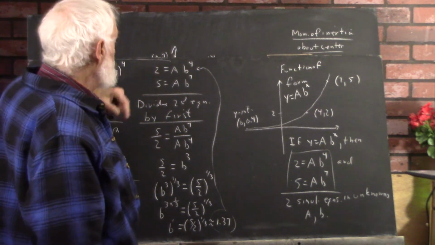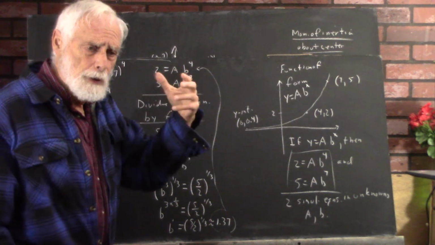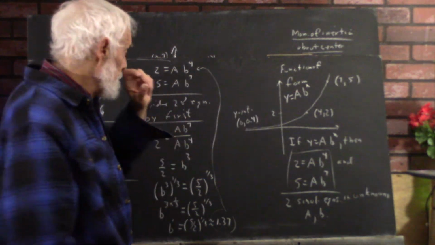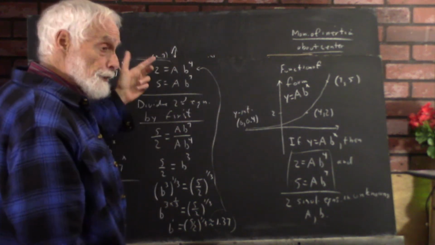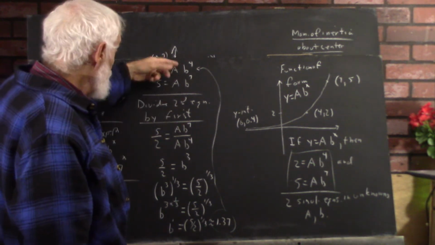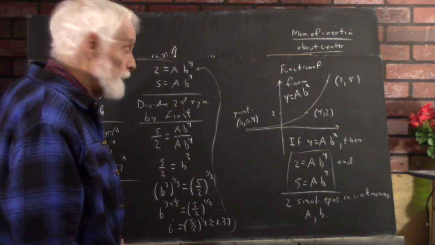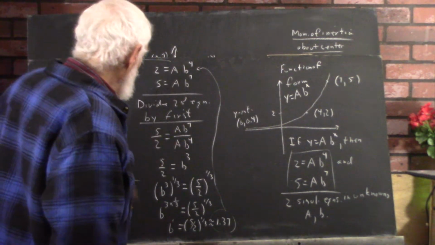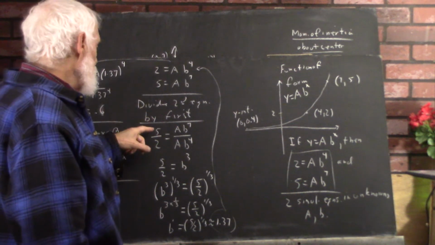Really what I want to do is eliminate one of the variables. That's what I just said is one way to do it. Another way in this case is simply divide one equation by the other, because then you'll be dividing a by a, among other things, and it goes away. You've eliminated it. So I do that here.